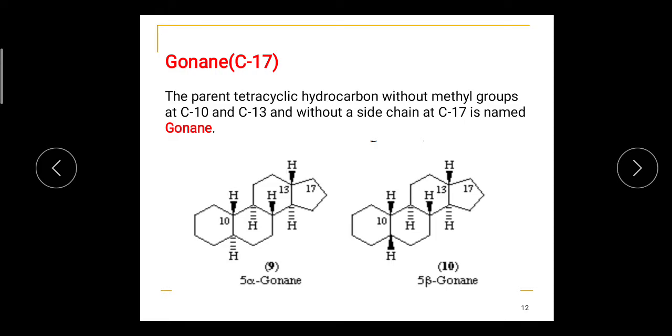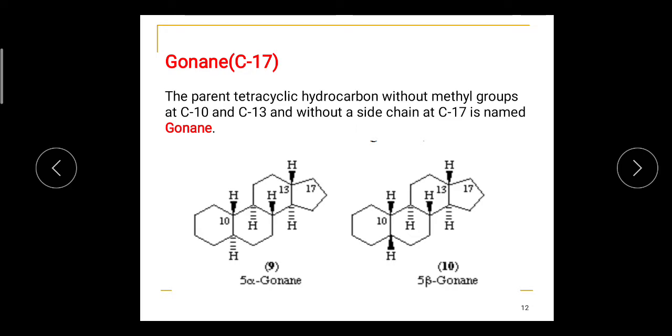The parent tetracyclic hydrocarbon without a methyl group at C10 and at C13, and without a side chain at the C17 position, that nucleus is called gonane, the cyclopentanoperhydrophenanthrene. This nucleus is called the basic ring, that is gonane.